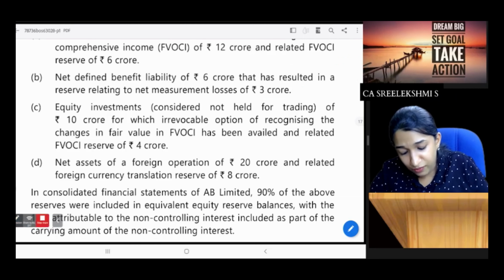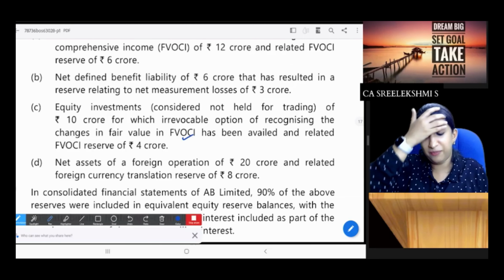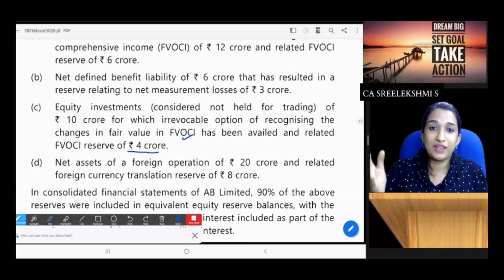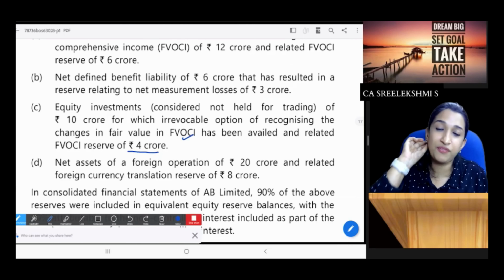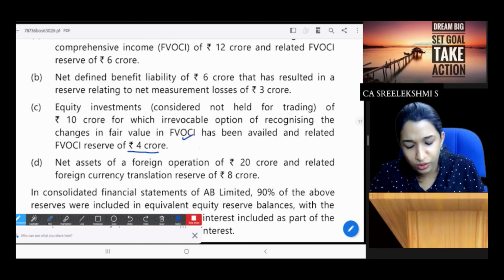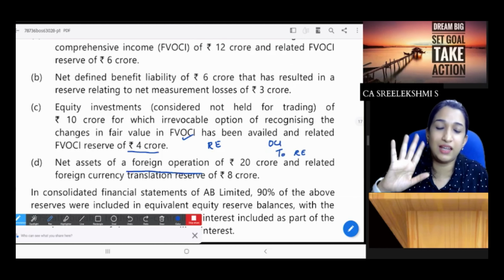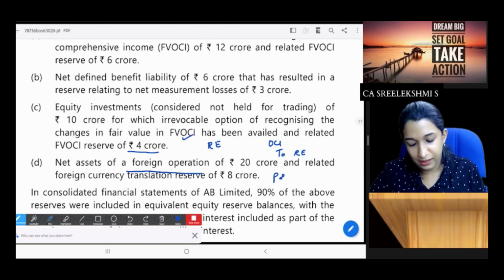Then equity investments classified as FVT OCI, 4 crore is there. Equity investments classified as FVT OCI reclassified to retained earnings. So OCI to retained earnings. Foreign operations, FCTR reclassified to P&L.